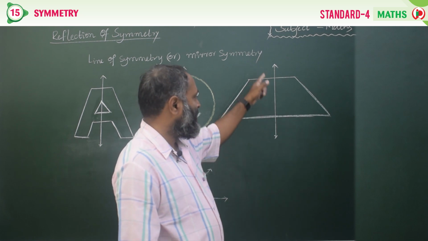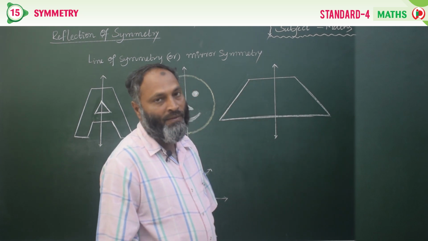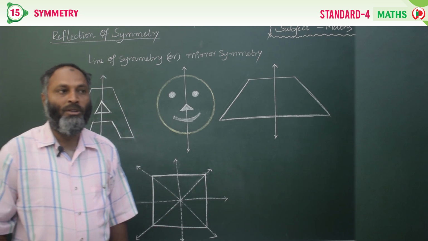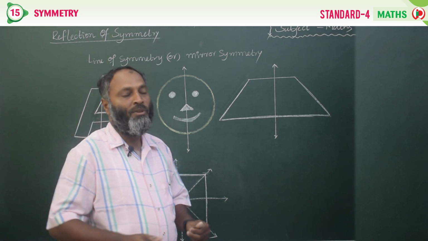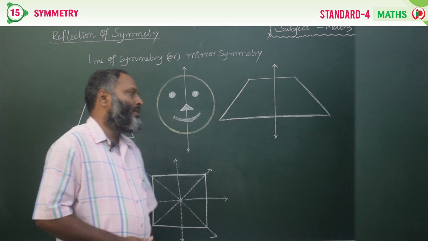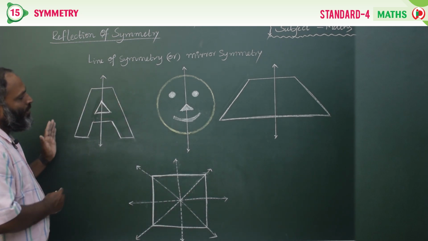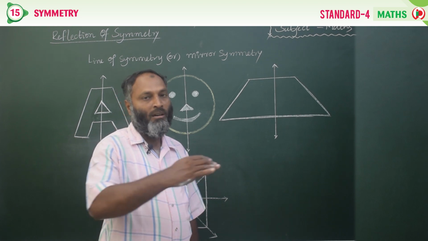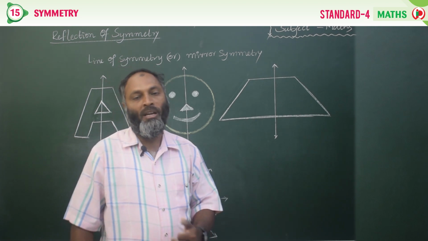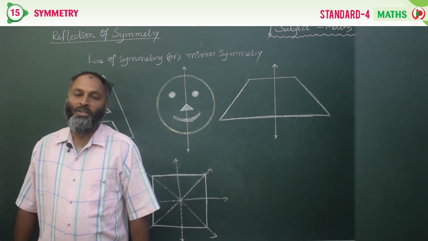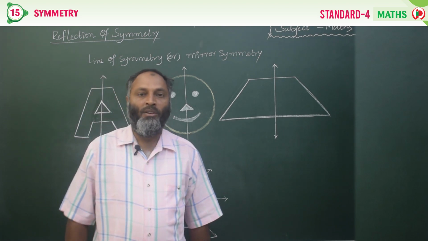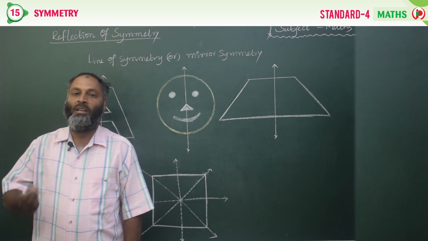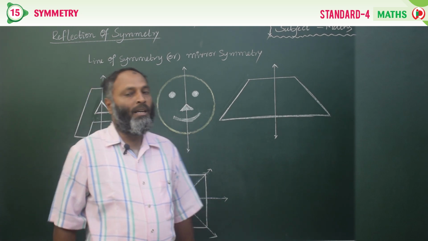In all three cases, the line of symmetry is the vertical line only. If you draw a horizontal line, you couldn't form identical shapes.